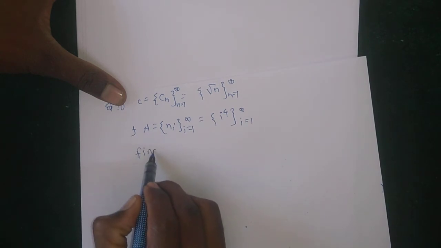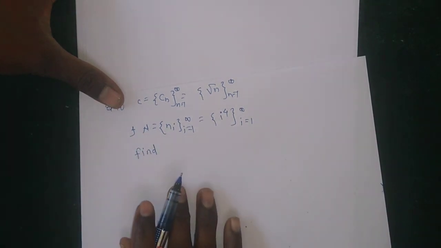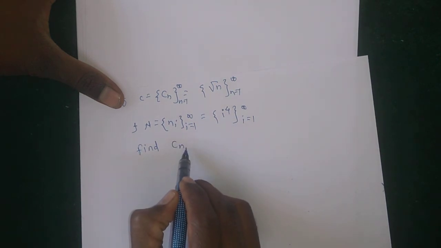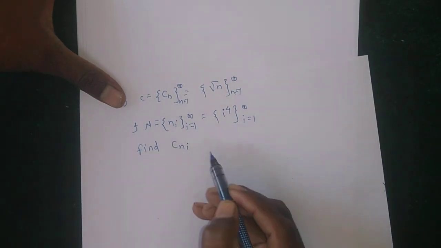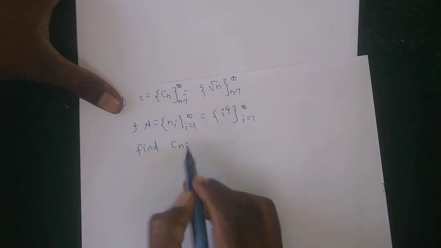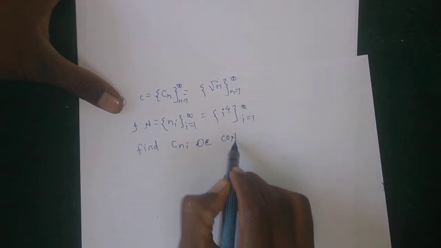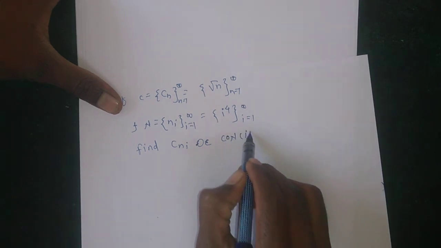Then find Cn i, which means the composition function, C composition n of i.